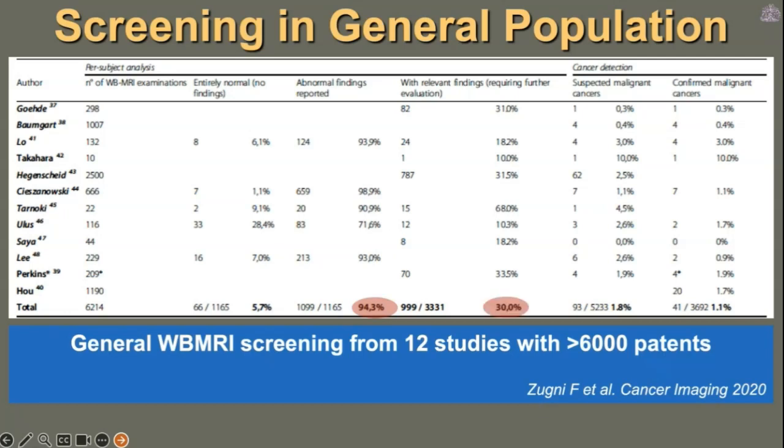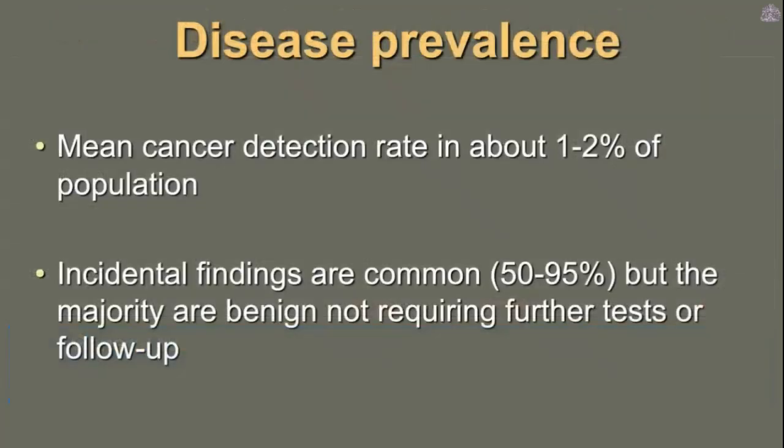Of those reported as abnormal, only about 30% may require further evaluation, if at all. And those that are confirmed malignant are in the region of 1%. So in the general population, we're looking at the potential of finding 1 to 2 cancer patients in every 100 patients screened.